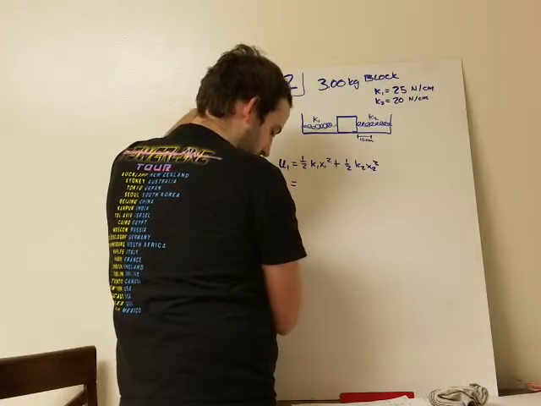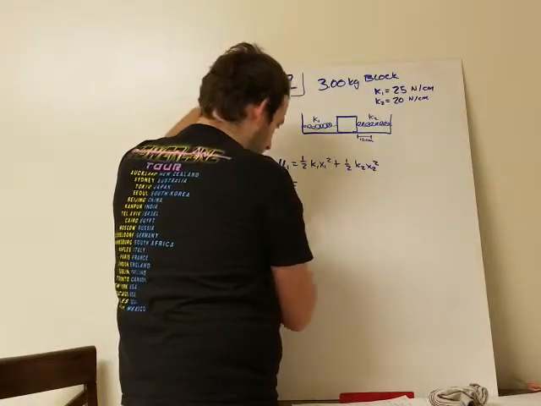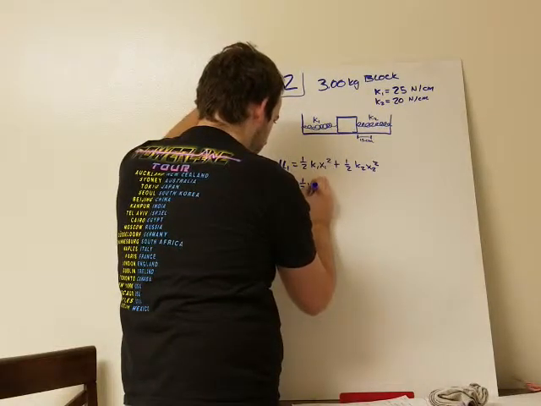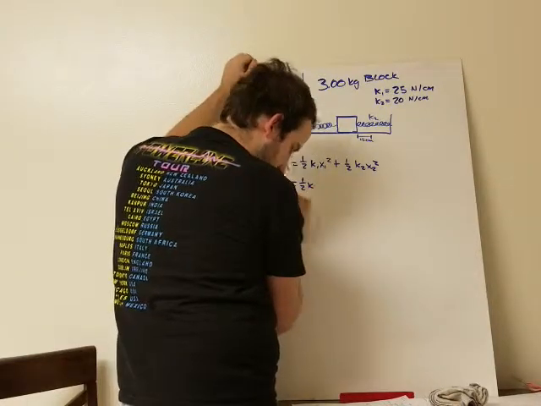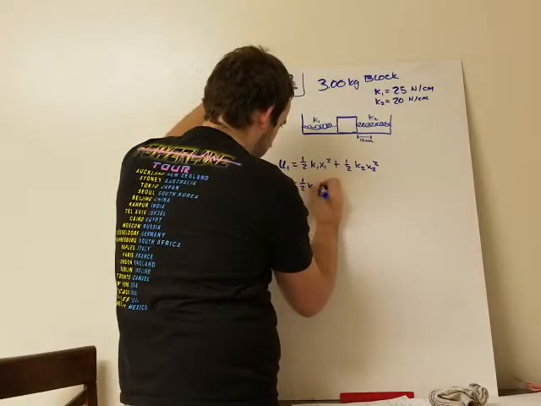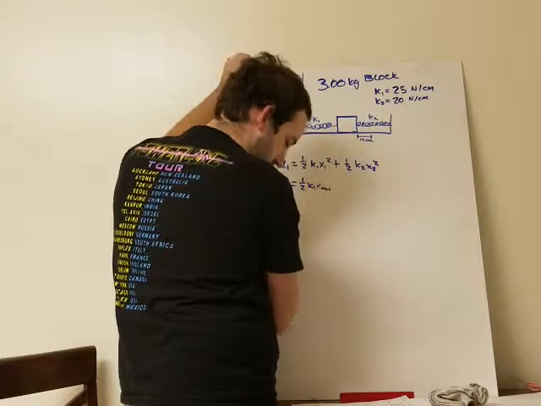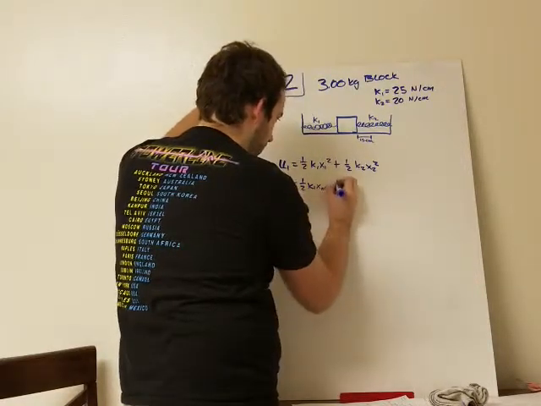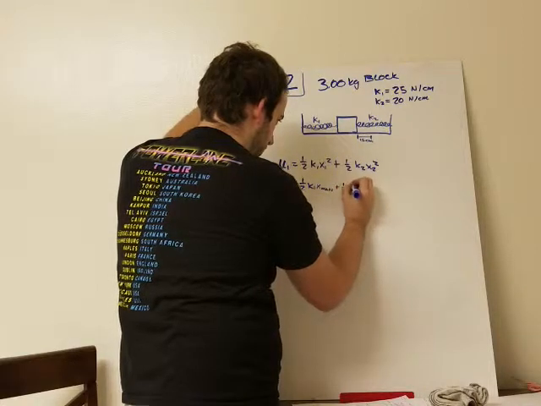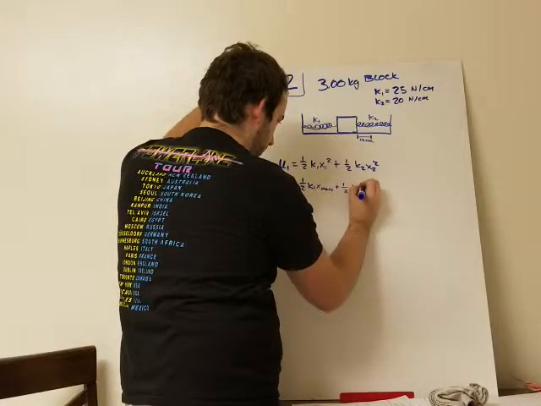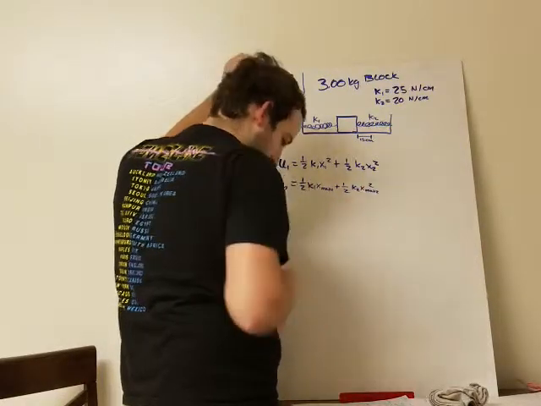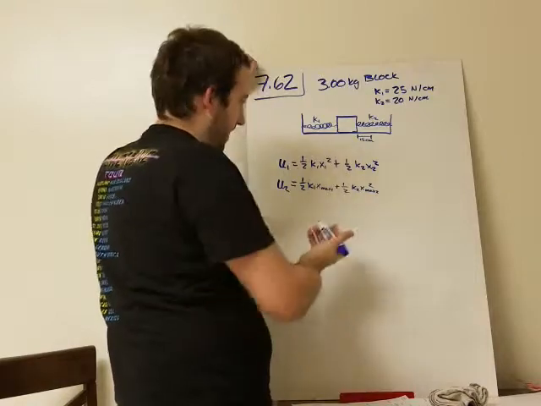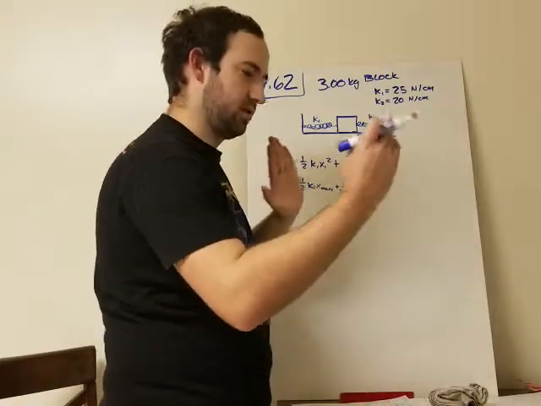U2 is going to equal k at max. So we have this. The max is just that where that x is maxed out.